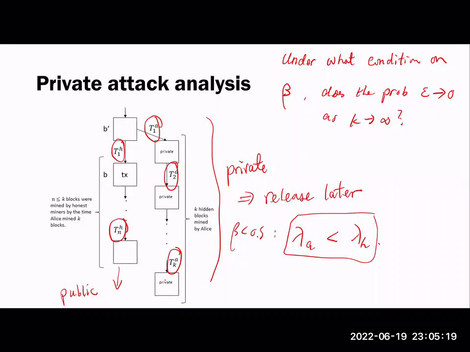Because if the delay is very long compared to 10 minutes, then it could be that someone has already generated a block and I haven't seen it. I'm still mining on the previous block. And so now the honest power may split. So implicitly, I'm making the assumption that the mining rate is much slower than the delay of the network.